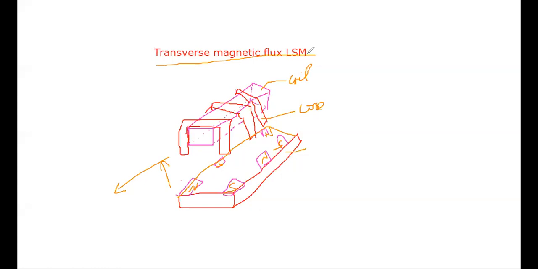Right? So now, if it is a double-sided machine, what happens? Again, this component has to come at the bottom. So how do we make this component here? Again, in a similar manner, we are going to have a three-dimensional aspect.